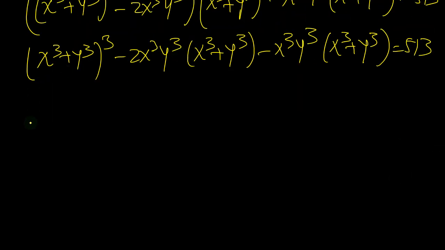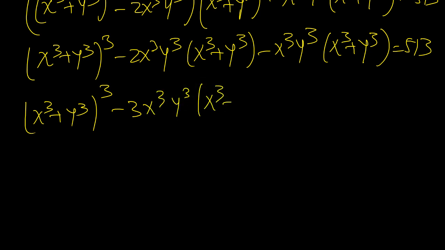From here you can see that we can simplify this, and then here we're going to have minus 3x to the 3 y to the 3 times x to the 3 plus y to the 3, and this is just going to be equal to 513.